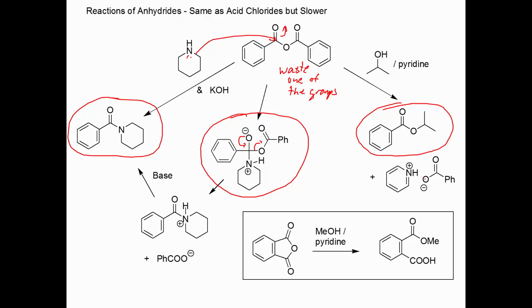All right, if we have a cyclic anhydride, our acid leaving group, or our carboxylate leaving group, is still going to be part of our molecule. So take, for example, this compound here known as phthalic anhydride. If we treat this with methanol and pyridine, we're going to make the ester at one of the acyl groups.